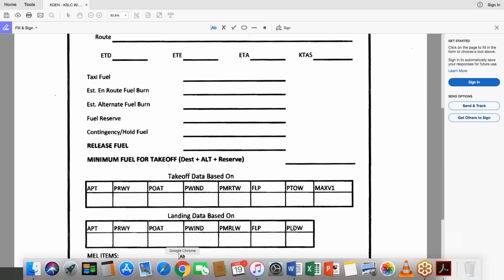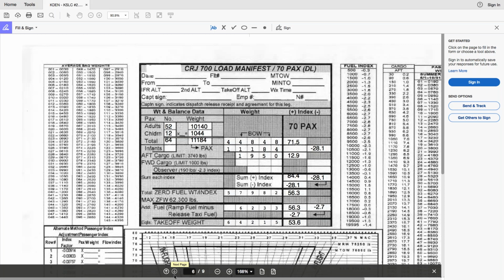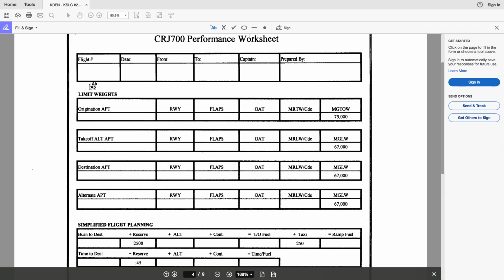So now we just fill out the rest of the packet, right? We've already got all this information written down somewhere. We just got to transfer our notes, fill out the performance worksheet and the dispatch release. Flight number 2. The date was 3/19.